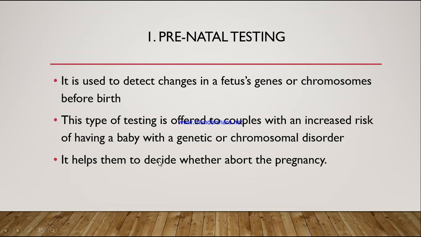And last, it helps them to decide whether to abort the pregnancy. So if the couple finds out that the baby will have a genetic disorder, then it will give them time to think whether to abort the pregnancy or not.